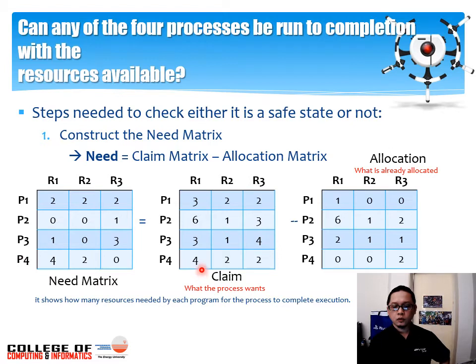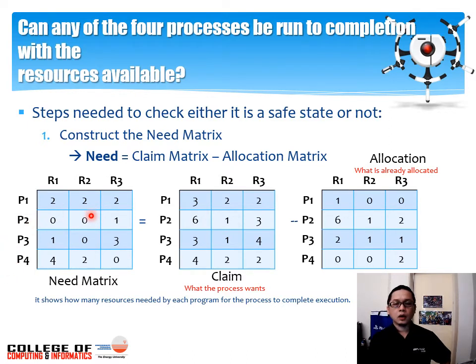Now P4, 4 minus 0, you will get 4. 2 minus 0, you will get 2. And then 2 minus 2, you will get 0. So now you need to take note of the balance of the needs for process 1, process 2, process 3, and process 4.